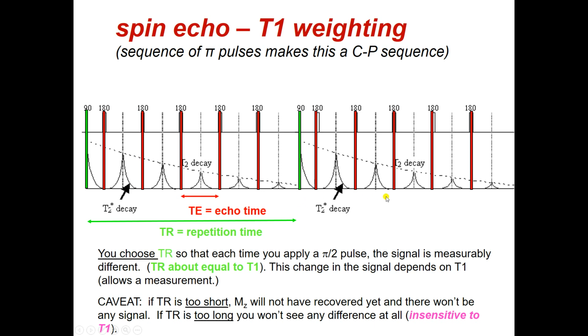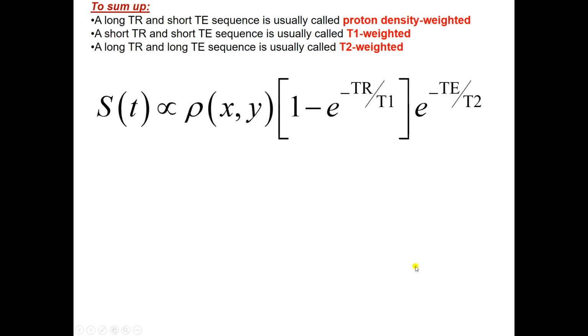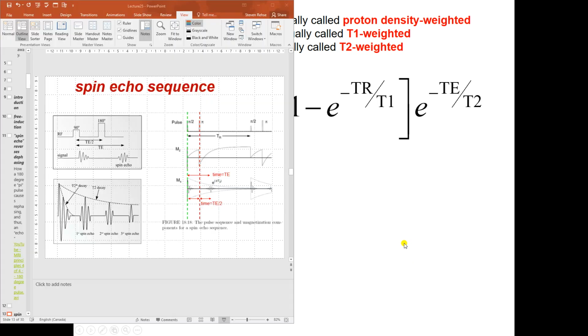You'll just get no signal. If you wait a long, long time, then the spins are fully recovered or fully relaxed, and when you do the experiment, it'll be exactly the same and you won't have seen any difference at all. So once again, you have to choose TR right in the Goldilocks spot, the sweet spot, somewhere equal to T1, such that there is a measurable change. And again, this equation is going to control that.